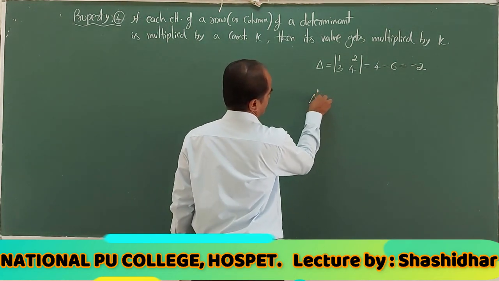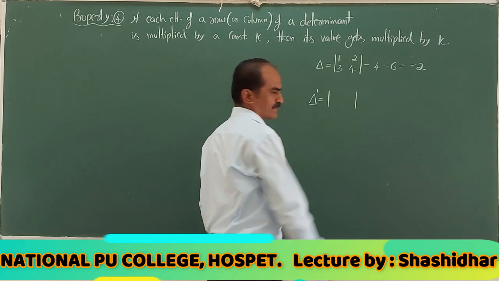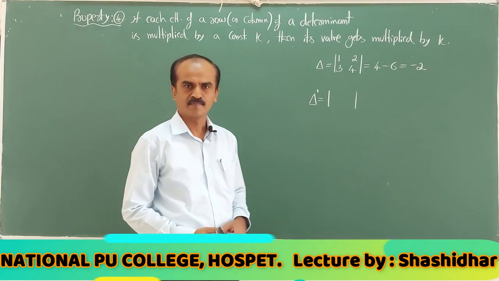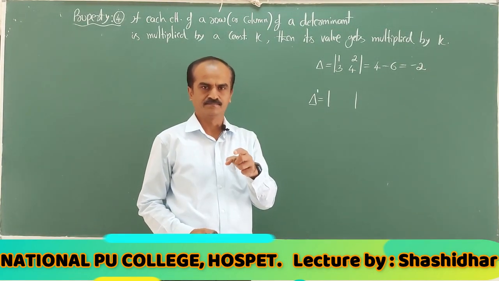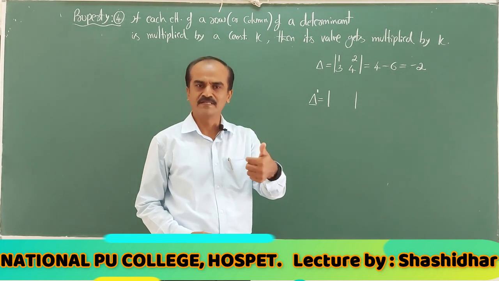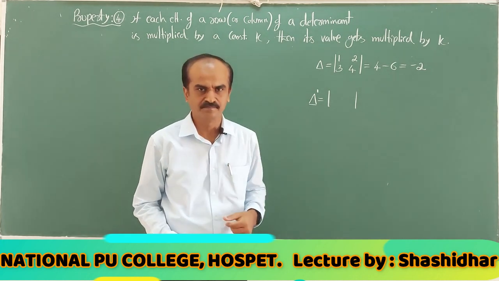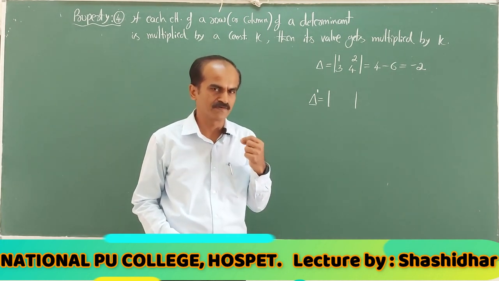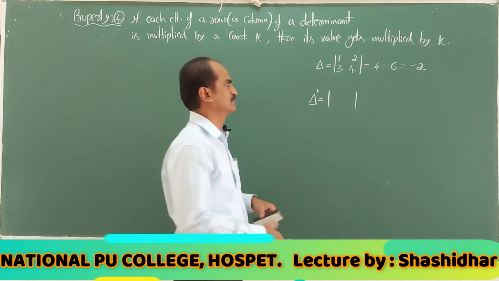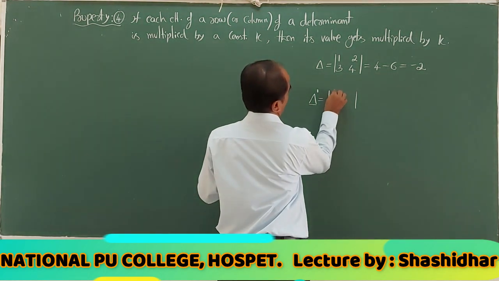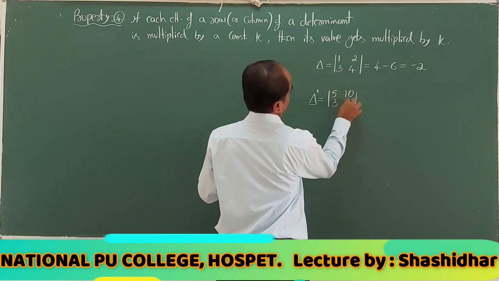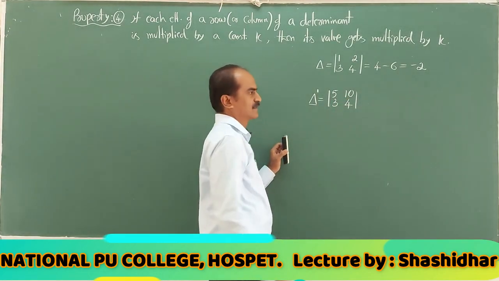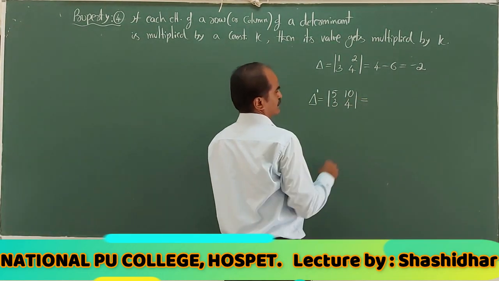Now let me take one more determinant, say delta dash. It is obtained by, say, multiplying first row with 5. I am multiplying all the first row elements of delta by 5. What I get? It is 5, 10, 3, 4. Now let me find the value of this.